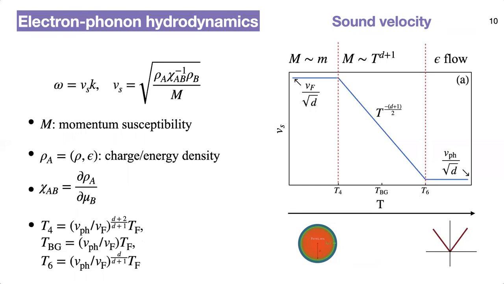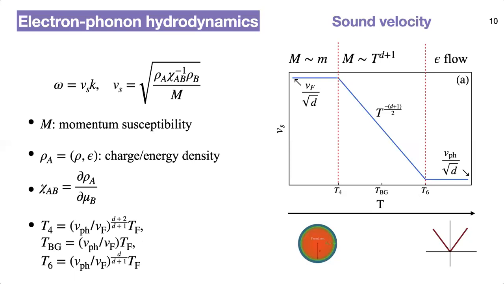This is because at very low temperature, the momentum susceptibility is still given by the mass of the electrons. Once we increase the temperature to some very high temperature, you can expect that the flow is really the energy flow, which means the velocity is really determined by the phonon velocity, because the phonon has, as I just said, much more excitation window when the temperature is very high.